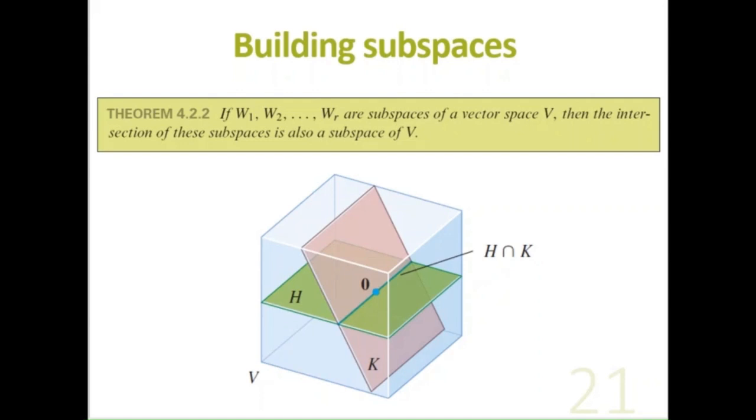You can use these known subspaces to create a new subspace from their intersection. You can see the intersection of those particular subspaces here in the figure, if that helps you visualize it. So take note of this theorem as well.